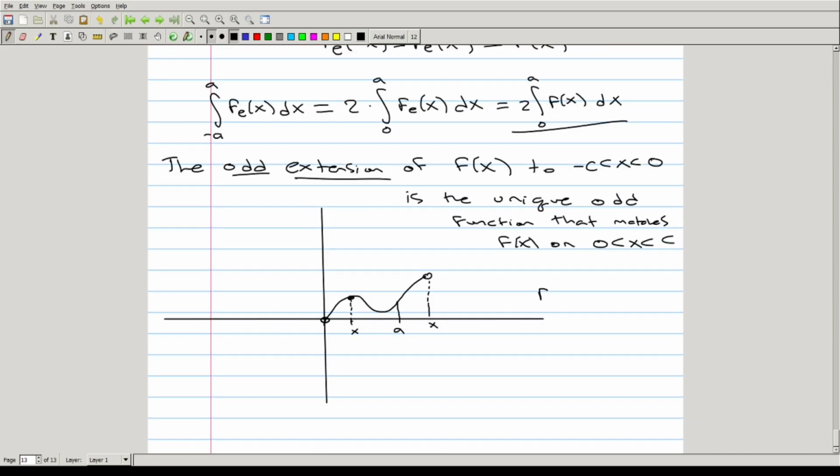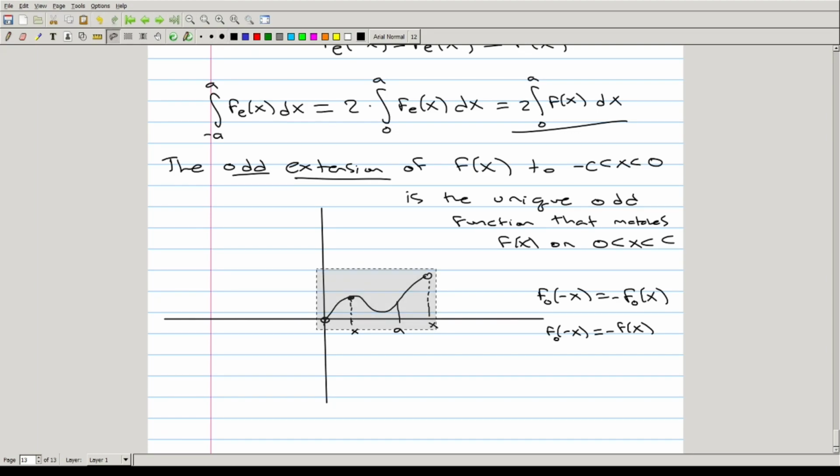And so remember that f odd of x, or an odd function, has that f odd of negative x is equal to negative f odd of x. Or what we have is that this function f odd has to match f of x on the interval that we're dealing with for negative values of x. So if you look at, say, the definition here, this is saying that f odd of negative x will be equal to negative f of x.